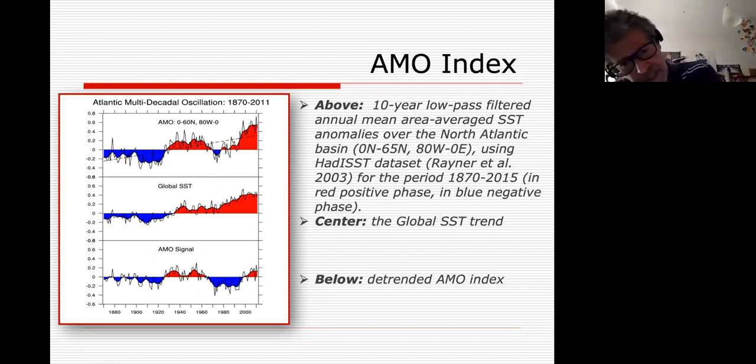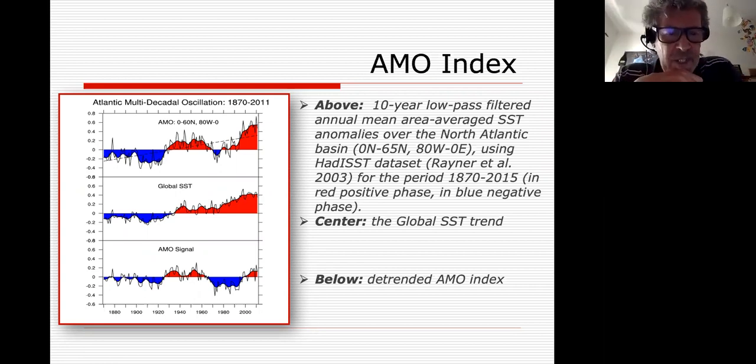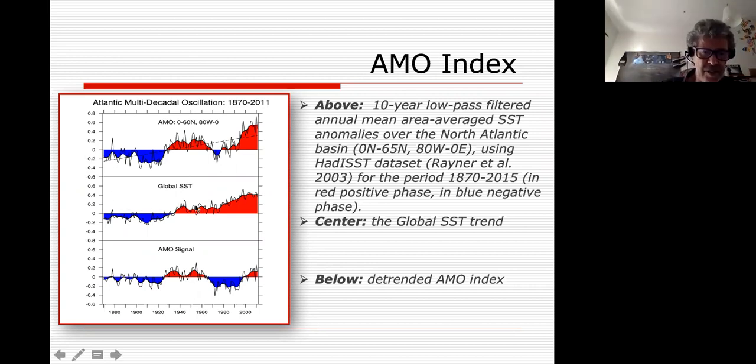But the explanation is different. If you look at the global SST, there is a constant tendency toward higher temperature. Global warming has a net effect on the long-term sea surface temperature.